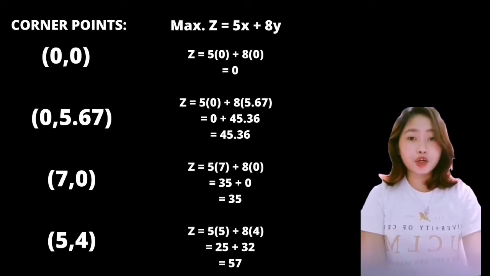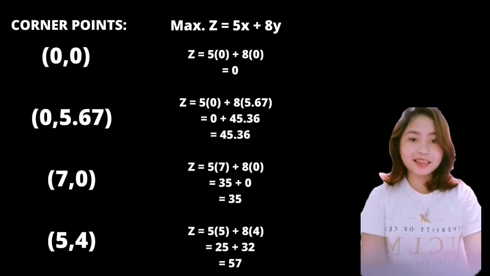For our third vertex, x equals 7 and y equals 0. So Z equals 5 times 7 plus 8 times 0 equals 35. For our last vertex, x equals 5 and y equals 4.